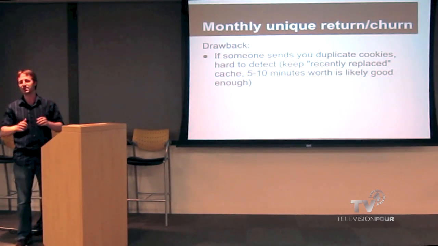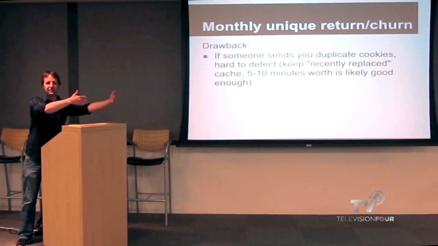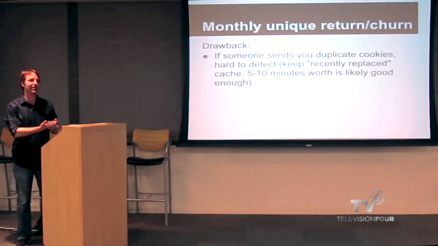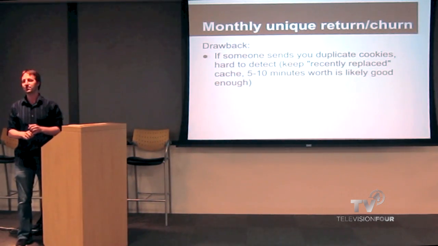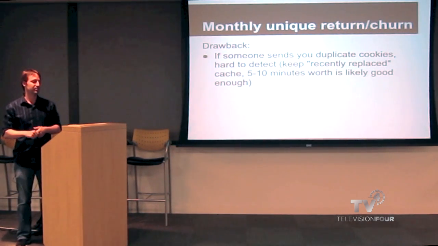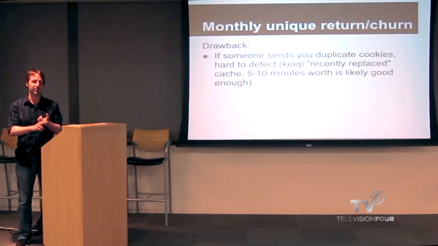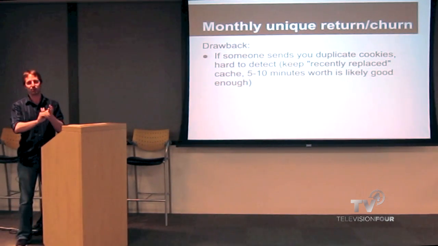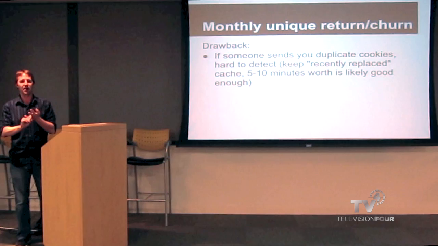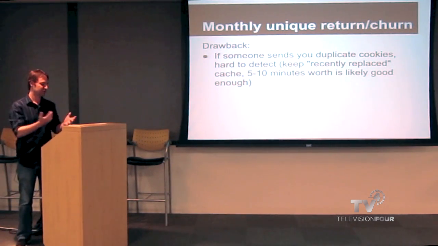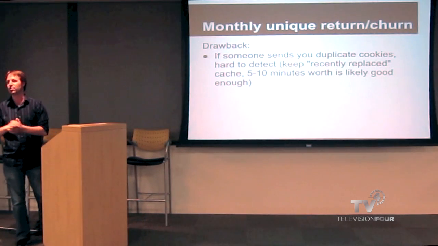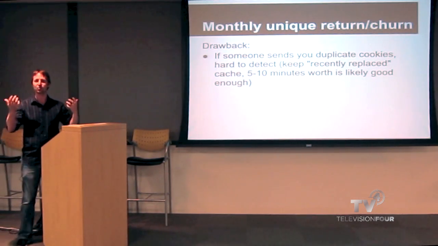So if you keep 5-10 minutes of, hey, these old cookies have been replaced by these new cookies, and if you have a way of hashing browser identifiers so you can identify a particular client, say by hashing their plugins, and perhaps by hashing their user agent string, maybe even a few other pieces, you can use that to map from your no cookie to your new monthly cookie, so you can minimize duplicate unique changes.